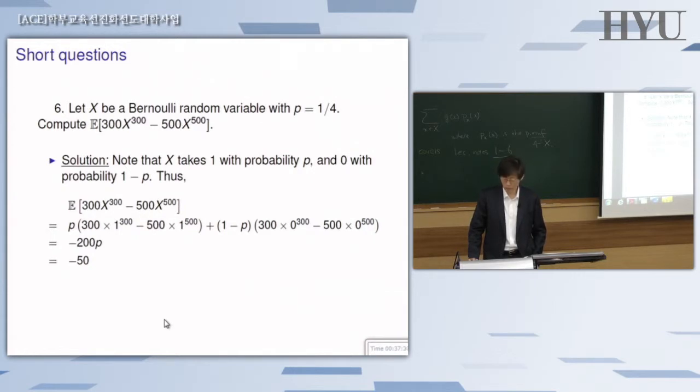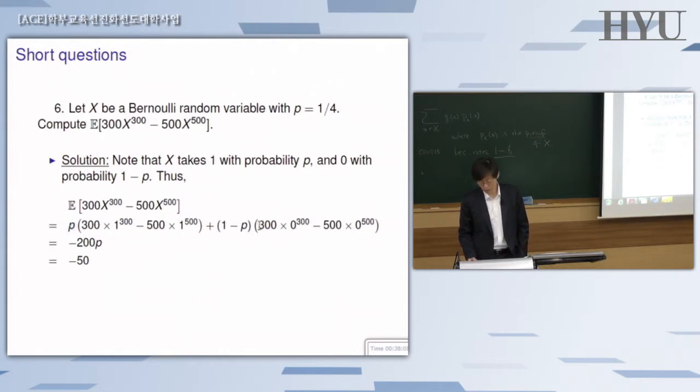So given the fact that x takes on 1 with the probability p, just call that p for now, the success probability, which is known to be a quarter in this case, and 0 with the other probability, which is 1 minus p. And by the application of the proposition, the expectation of the whole function is nothing but the value taken by that function, either this or that, with the same PMF. The PMF, the same as that for x, can be used for computing this expected value.